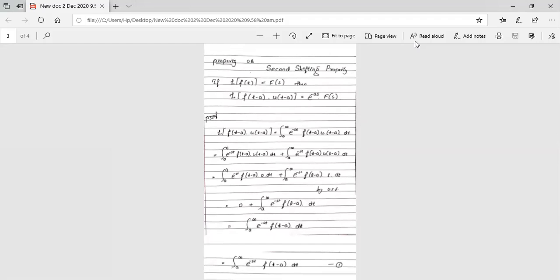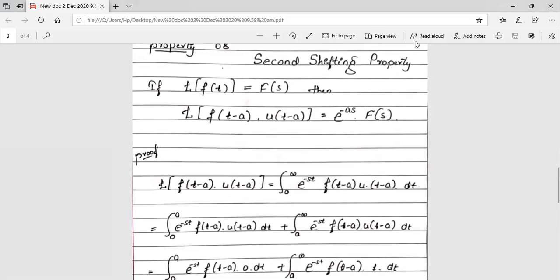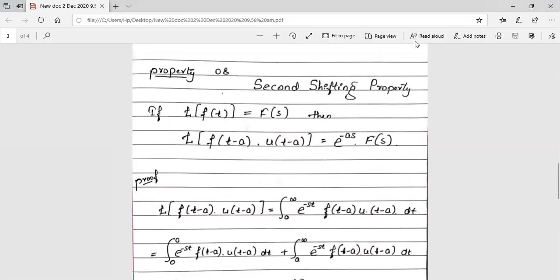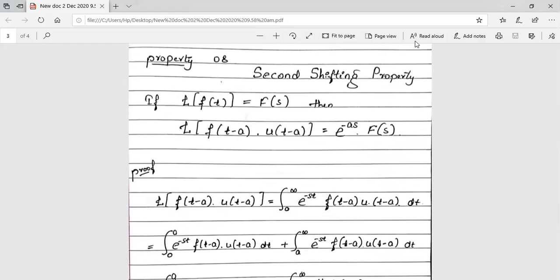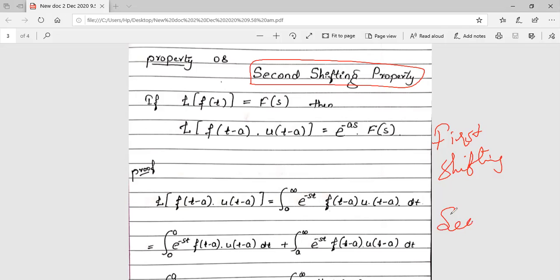Using the unit step function only, we can easily solve this property. In the previous lecture we studied the first shifting property, and this one is the second shifting property.